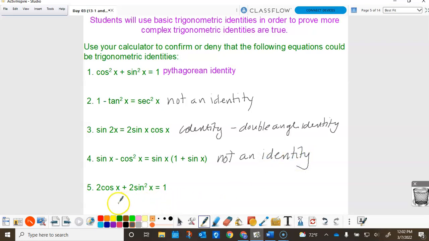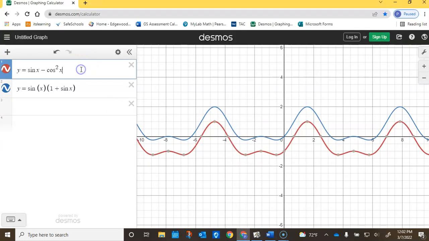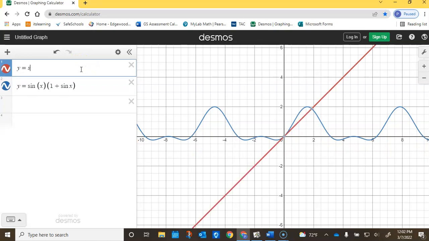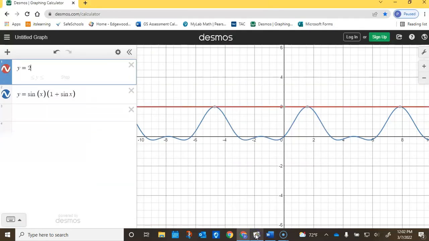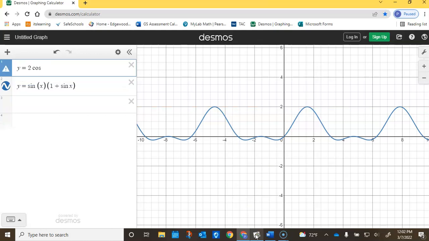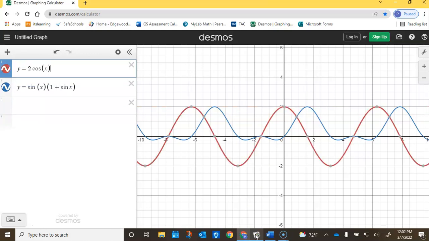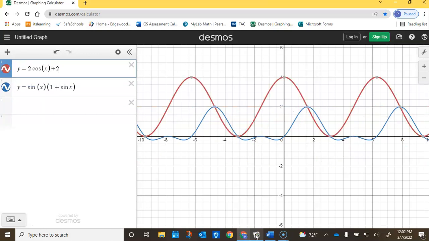Okay, so the next thing would be 2 cosine x plus 2 sine squared x equals 1. So I'm going to go up here and type in 2 cosine x plus 2 sine squared x.